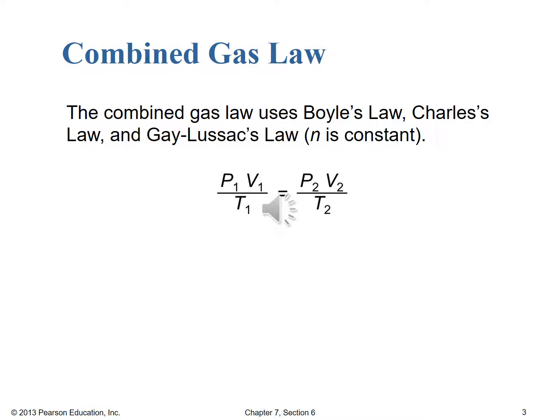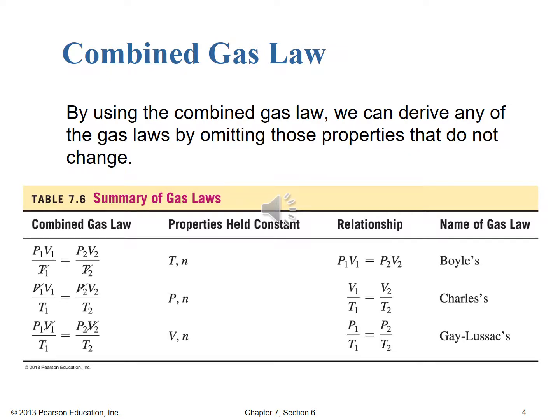All right, so by using the combined gas law here, we can derive any of the individual gas laws by just omitting whatever property doesn't change. So you see here, if we hold T constant as well as N, which has to be held constant for all cases, then we have Boyle's law. If we have P constant as well as N, then we have Charles' law.